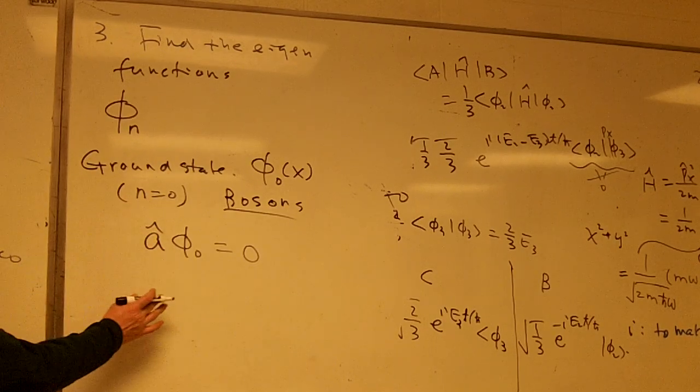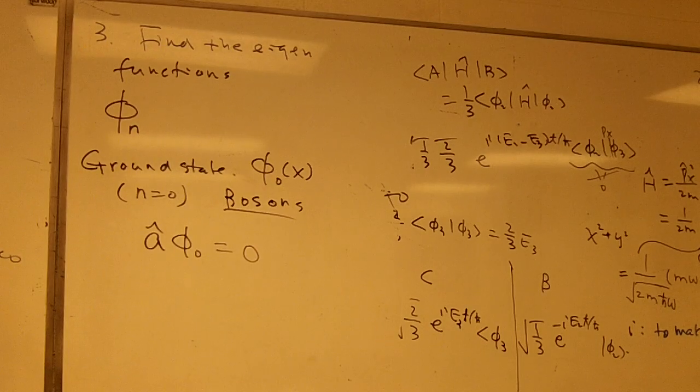Now, just for your curiosity, if I apply the lowering operator to the first excited state, phi sub 1, this will be proportional to phi sub 0. That means I lower the energy. On the other hand, a-dagger on the ground state is going to be proportional to the first excited state.